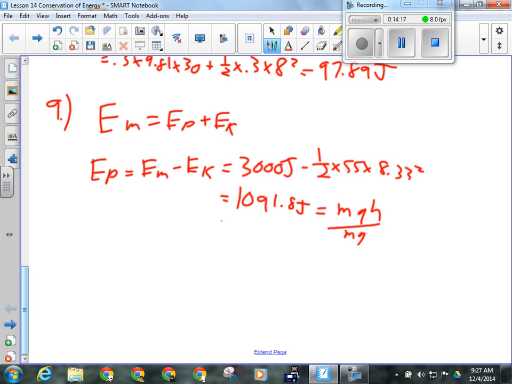I can easily solve for how high this person had jumped. So 1,091 divided by 55 times 9.81 will give me 2.02 meters, which, take it from me as a high school track coach, is an impressive high jump.